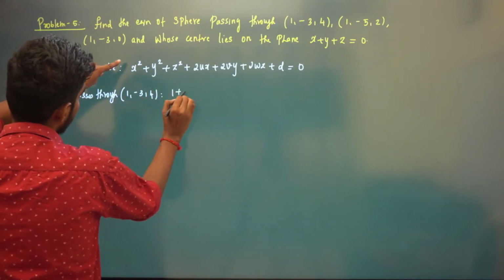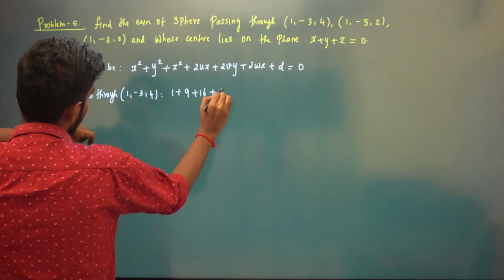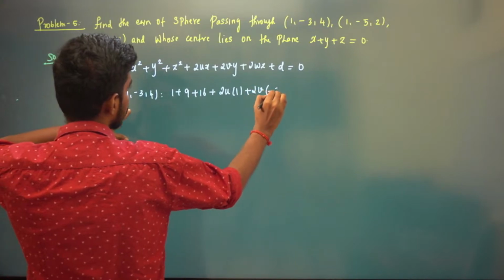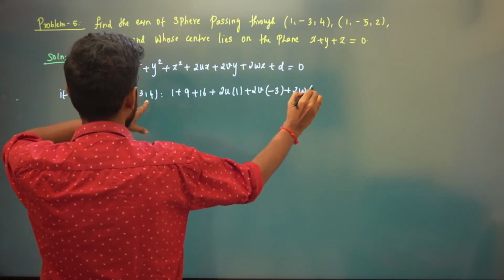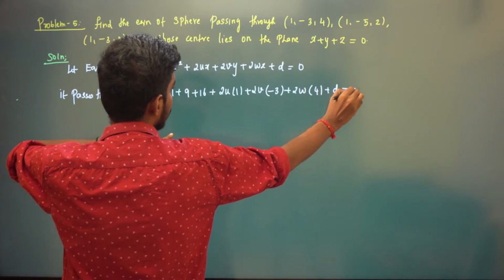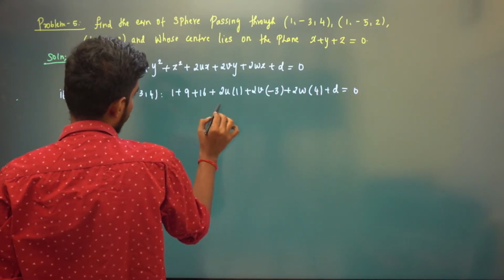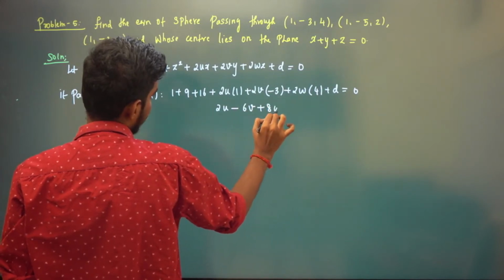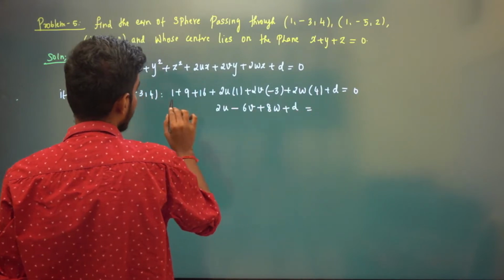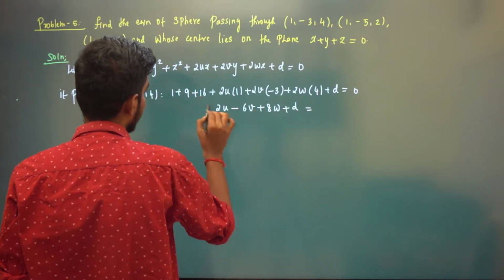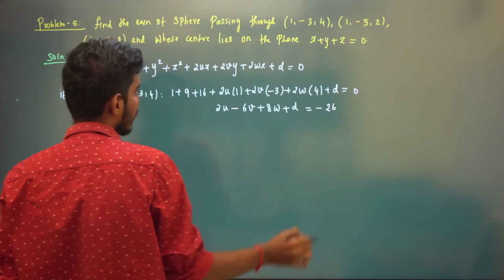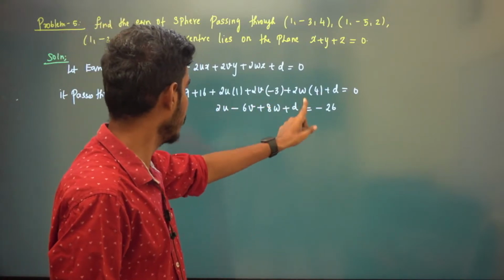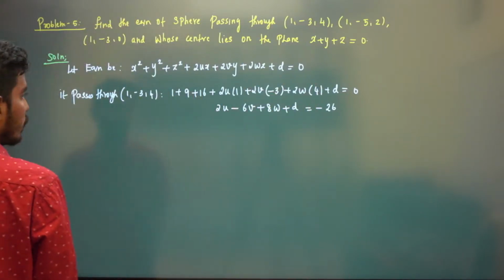So 2u minus 6v plus 8w plus d equal to, 9 plus 1 is 10, 10 plus 16 is 26. So you will have minus 26, right? 2u minus 6v plus 8w plus d is equal to minus 26.